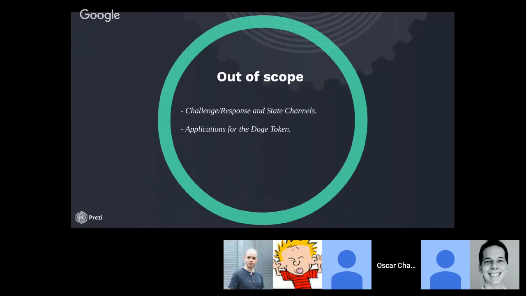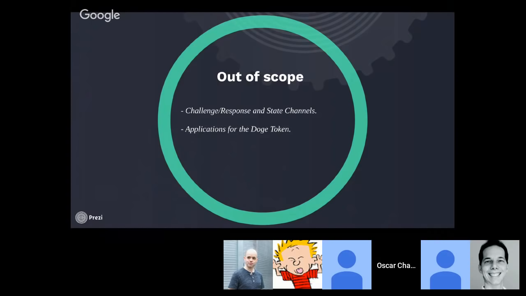All right. There are a couple of things that are completely out of scope for this presentation and for the project in general, but we wanted to mention them anyway. During the research we did to create the Superblock concept, we investigated challenge response mechanisms a lot, and we found some similarities with the state channel concept.